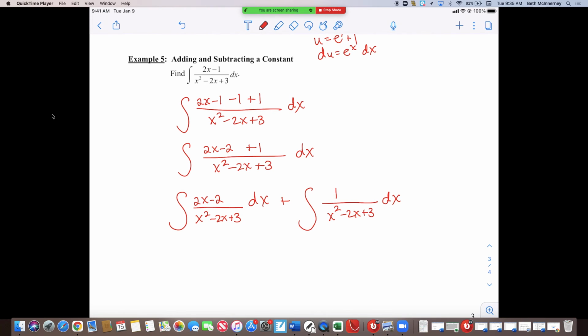So now, in my first fraction, you should be able to recognize that the numerator is the derivative of the denominator. So I'm going to do a u substitution.